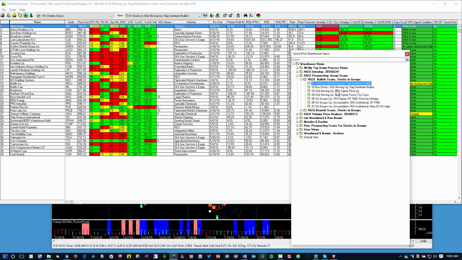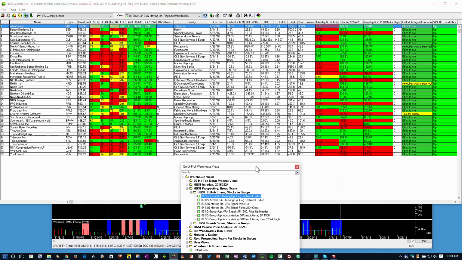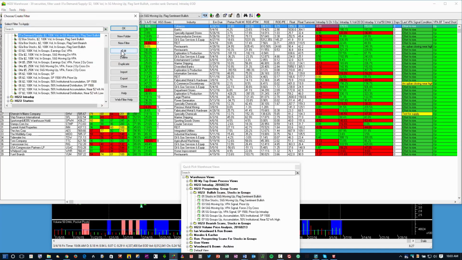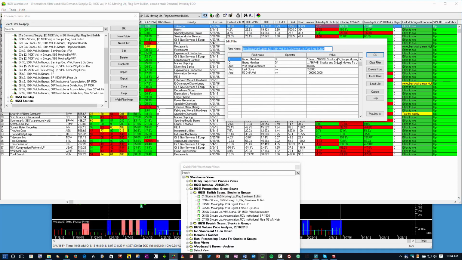This one is stocks and groups moving up with the flag sentiment of bullish. So what this is doing, it's going down into the filter, and it's looking at the smart groups moving up, both the regular smart group and those between $1 and $15.